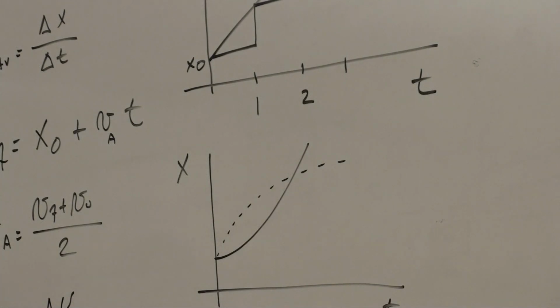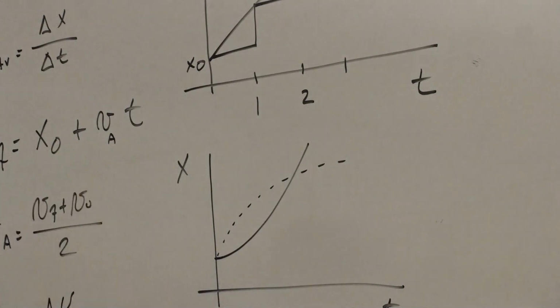So I want to eliminate the time from that, right? I want to eliminate the time. So one way is to use this formula here. I'm going to say delta t is going to be xf minus x0 divided by the average, VA. That's one formula that I can use here, okay?